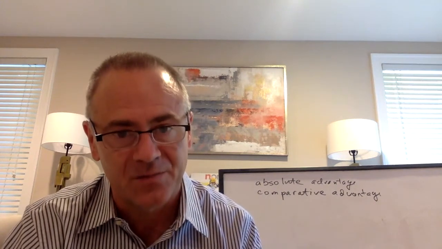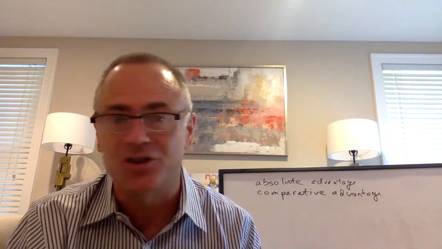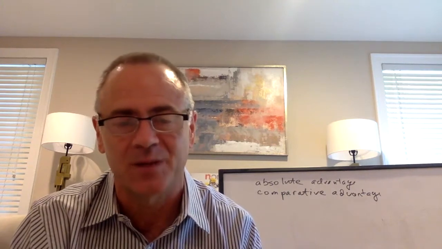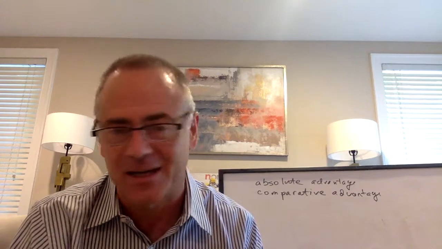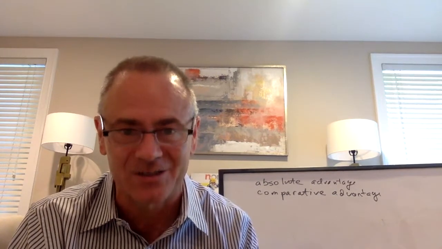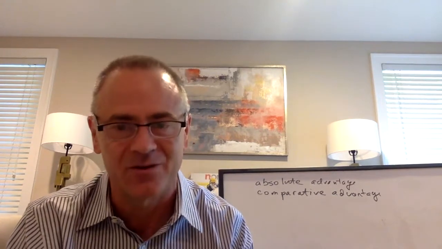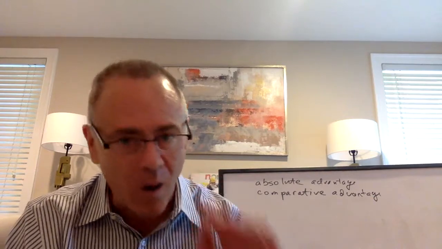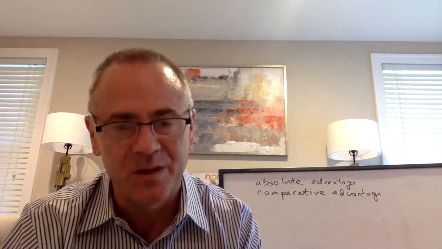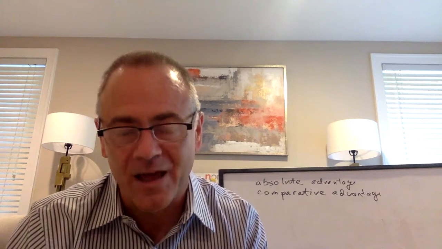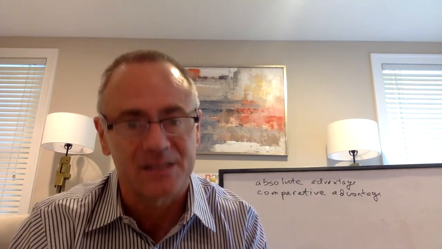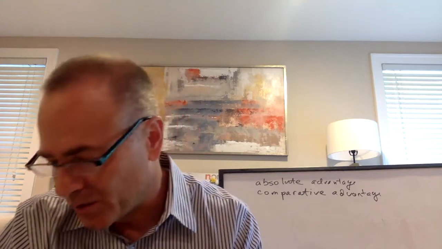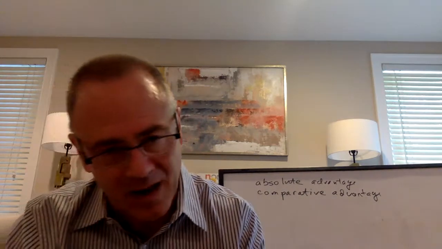But with comparative advantage, at least when there's no ties, and by the way, in this class I will never put a test question where there's a tie, so assume there's never a tie, which means that when we look at two people or two countries, one will have the comparative advantage in the first task, the other will have the comparative advantage in the second task. So keep that in mind.